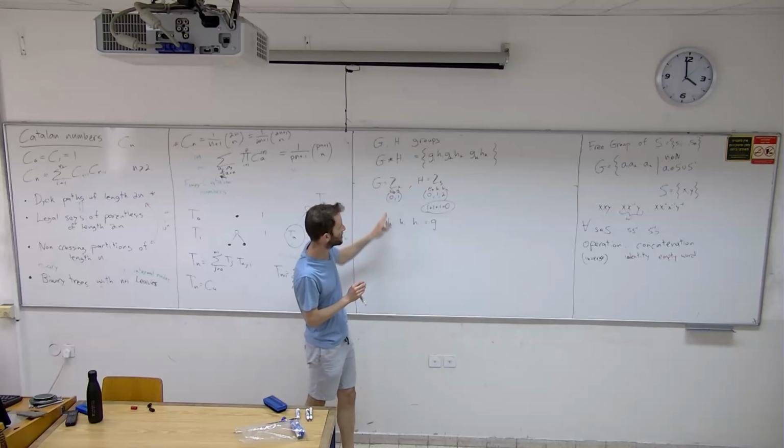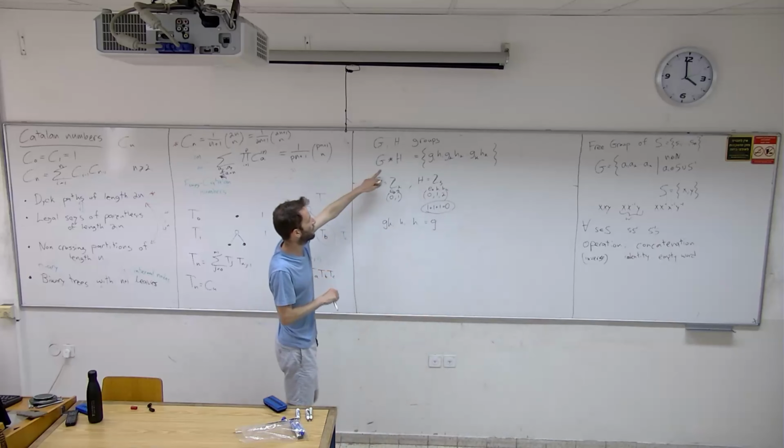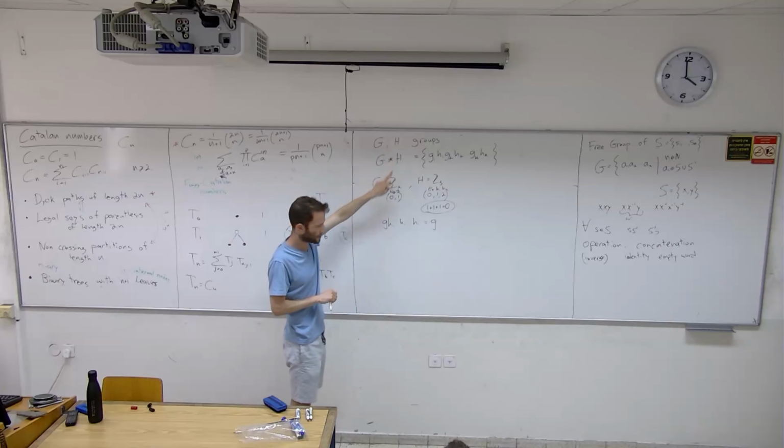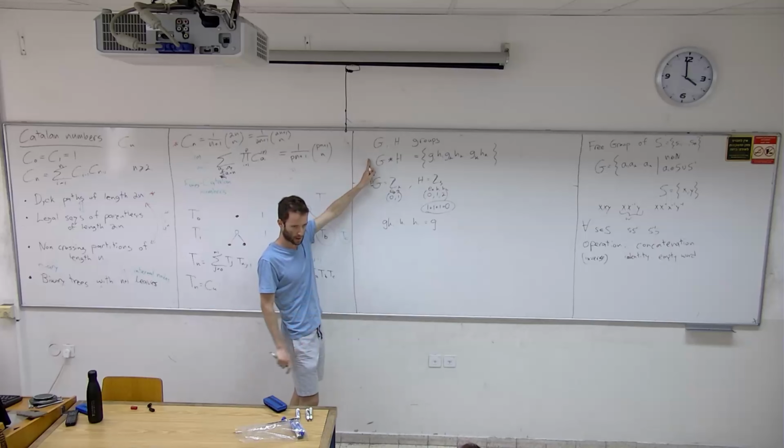So this is a difference between this notation and that one. So this is the free product of groups. And it can be proven that this is a group as well.